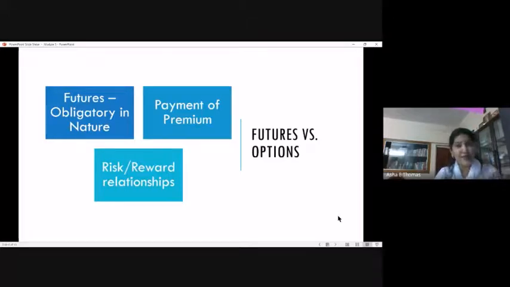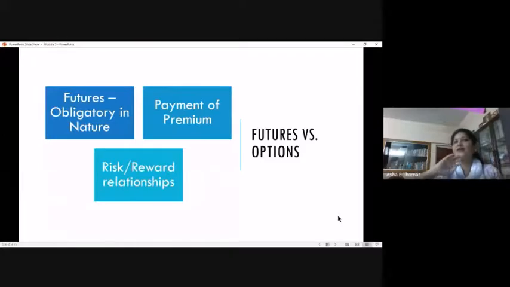That's the only thing. But my return expectations are more. It can be unlimited. If the market is very bullish and the share price goes up like anything, maybe a 50% increase in 3 months, the whole profit remains with me.